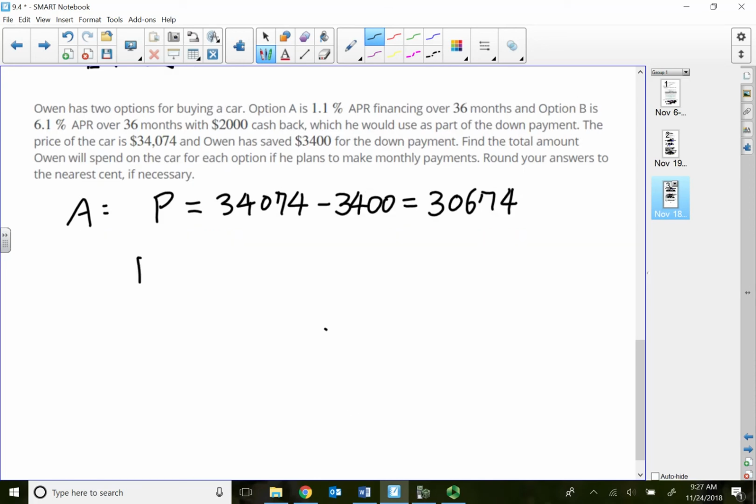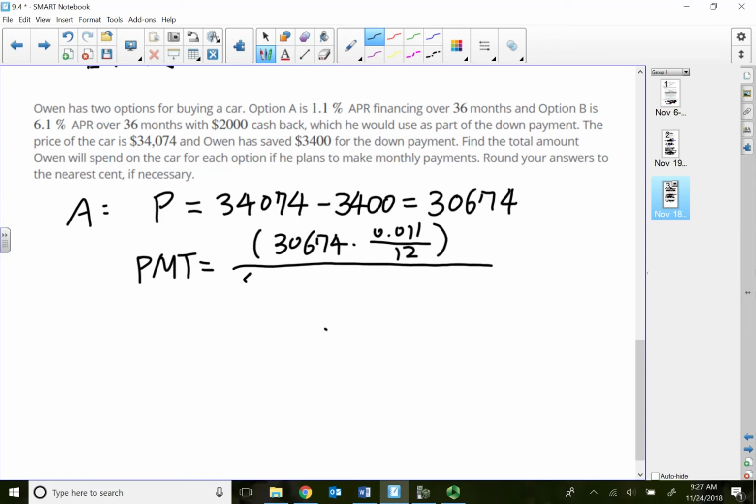So the monthly payment: $30,674 is my P, times the interest rate, 1.1% is 0.011 divided by 12, over brackets 1 minus 1 plus 0.011 divided by 12, raised to the negative 12 times 36 months, which is 3 years. Put that in the blue parenthesis.